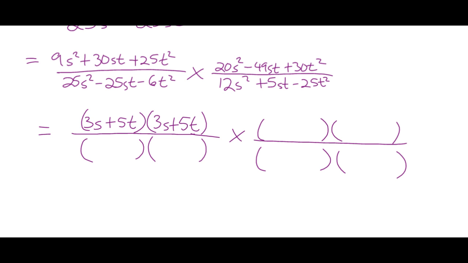Where is there another 3s plus 5t? Bottom right. If there is one, and there's no guarantee, this is simply if, then how do I get 12s squared? What goes here? How do I get minus 25t squared?